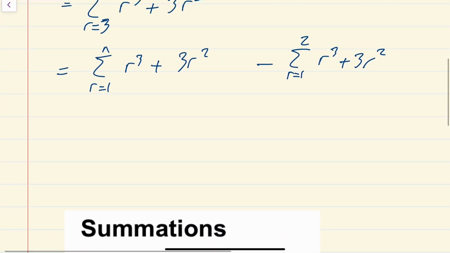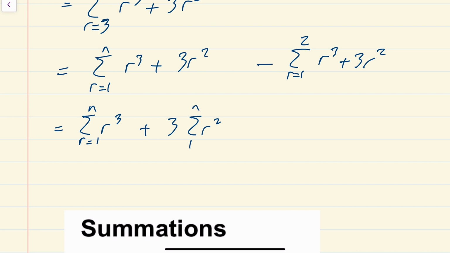Now this we could write as sigma of r cubed from r equals 1 to n, plus 3 lots of sigma r squared from r equals 1 to n, and then minus, and this bit I'm just going to do out. This means I'm putting r equals 1 into it and r equals 2 into it.